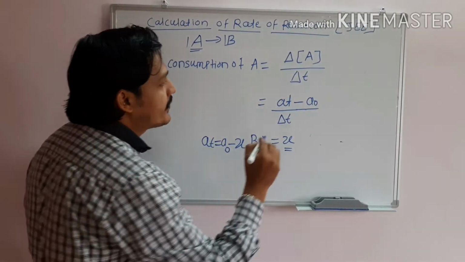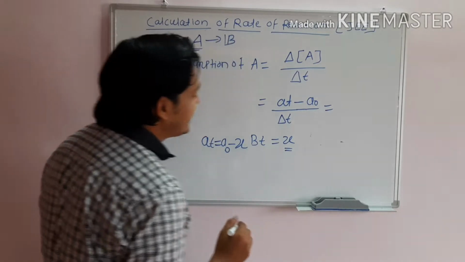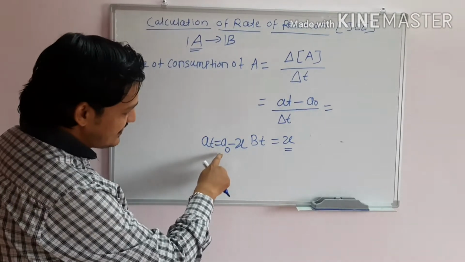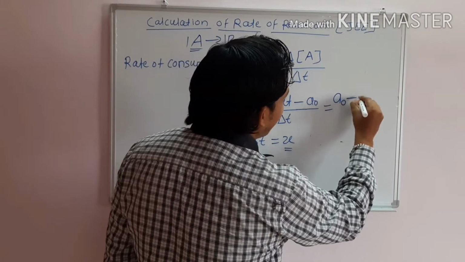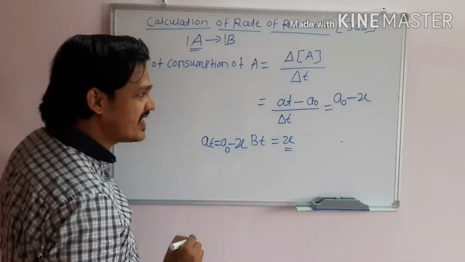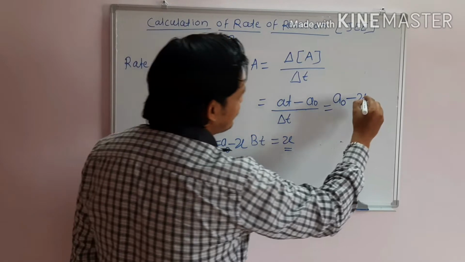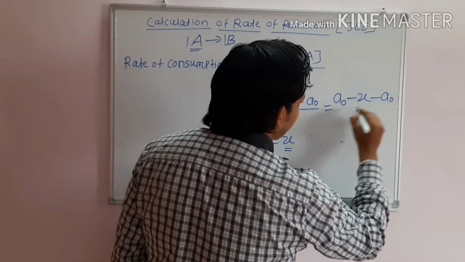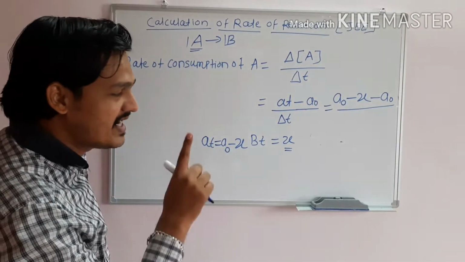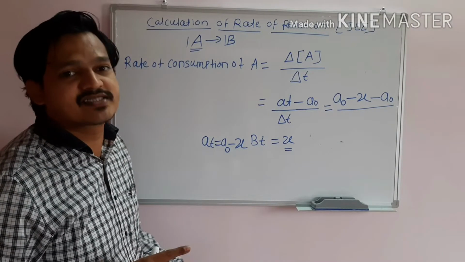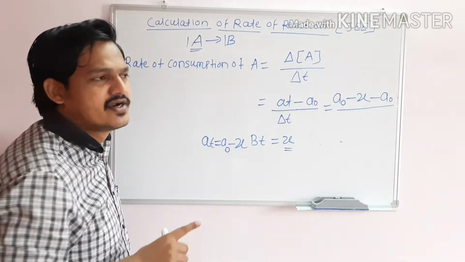Now you have to write the value of At. At gives A0 minus x. And what is the value of A0? A0 divided by delta T. Delta T indicates T2 minus T1.